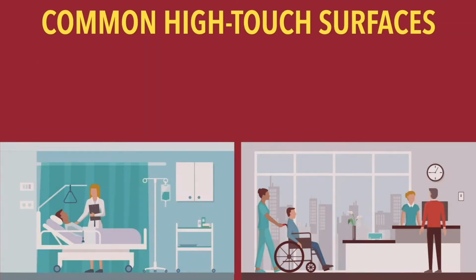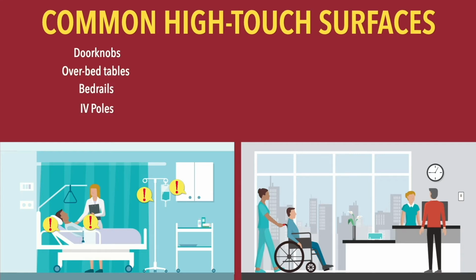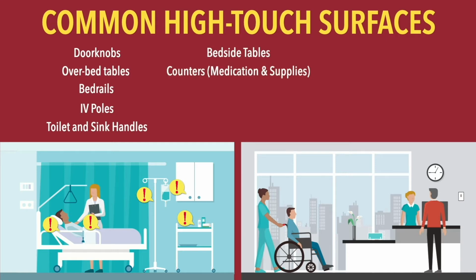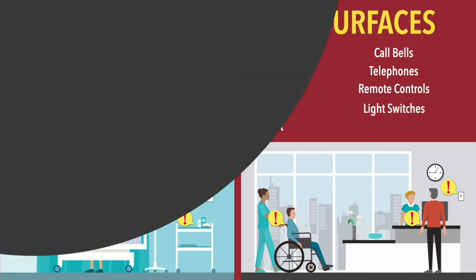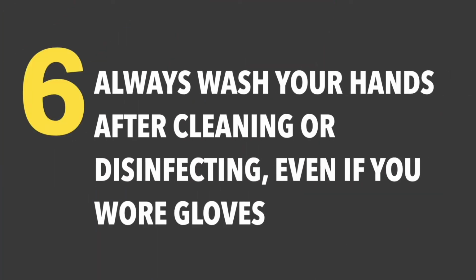Common high-touch surfaces in hospitals, nursing homes, and individual clients' or consumers' homes include doorknobs, over-bed tables, bed rails, IV poles, toilet and sink handles, bedside tables, counters where medications and supplies are prepared, edges of privacy curtains, monitoring equipment, transport equipment including wheelchair handles, call bells, telephones, remote controls, and light switches. Always wash your hands after cleaning or disinfecting, even if you wore gloves.